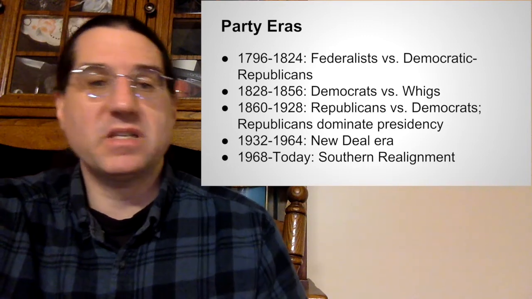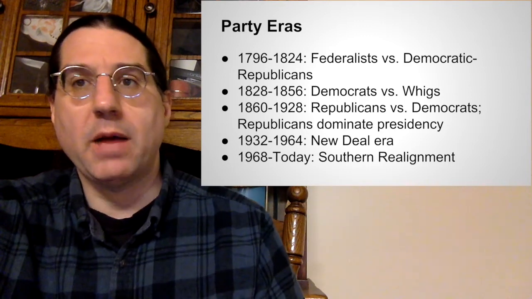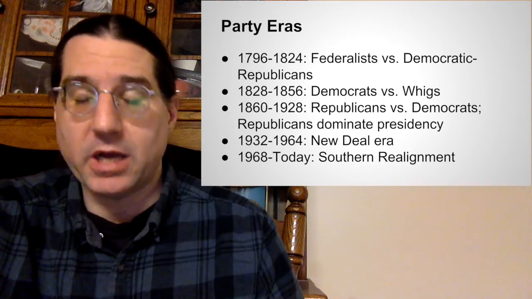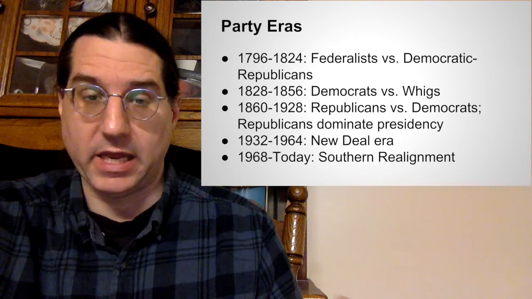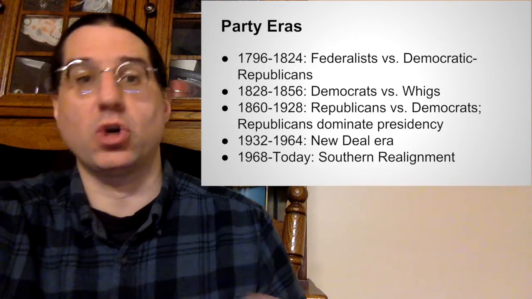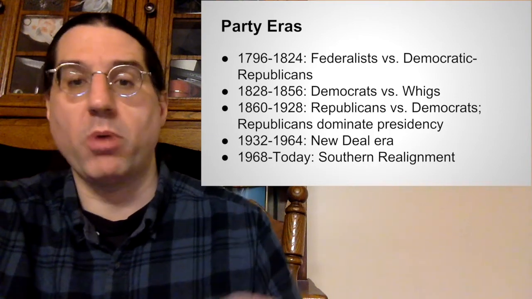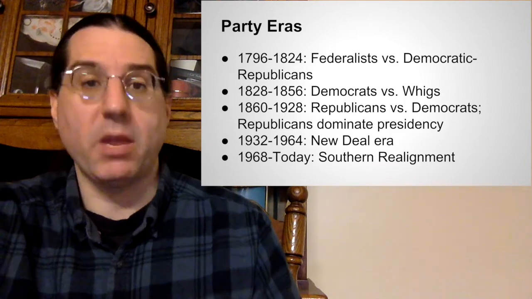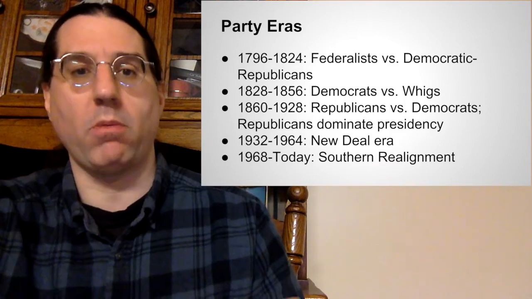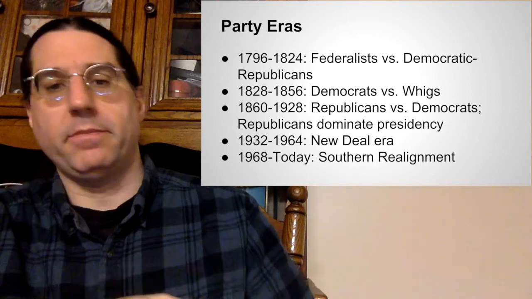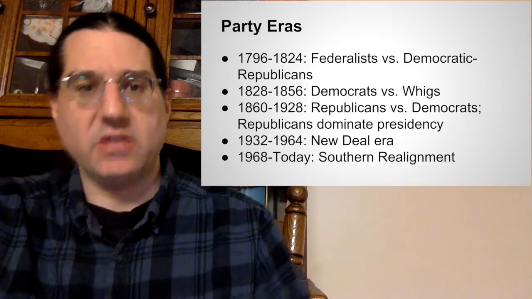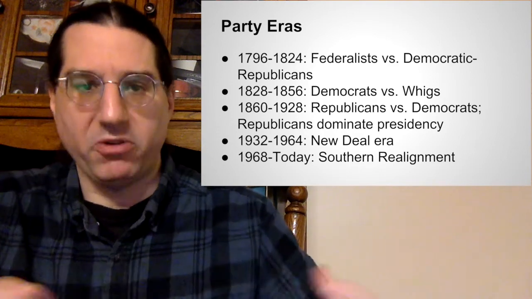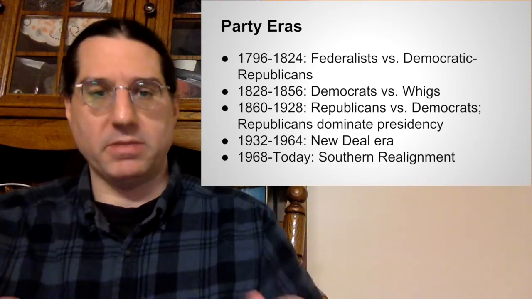So this system lasted for a little while. Really, the Federalists fell apart pretty quickly, but it took a while for a new party to come up and replace them. Eventually, the Whig Party did, and they again were more of a centralized party, having the federal government do things to help build the nation, including its business.